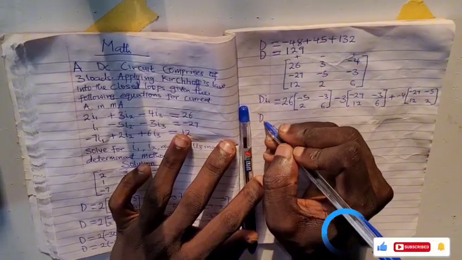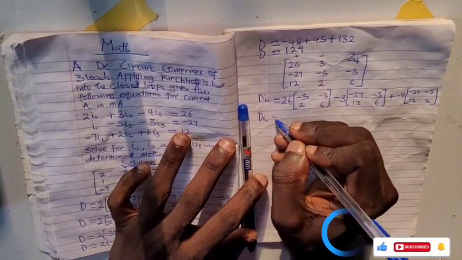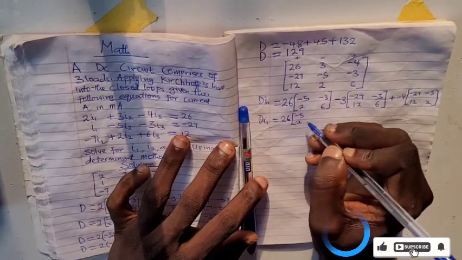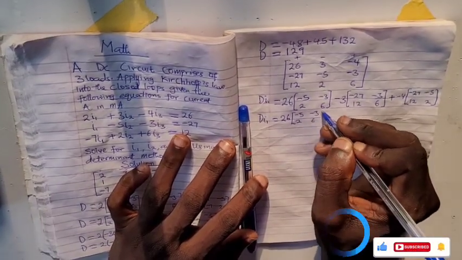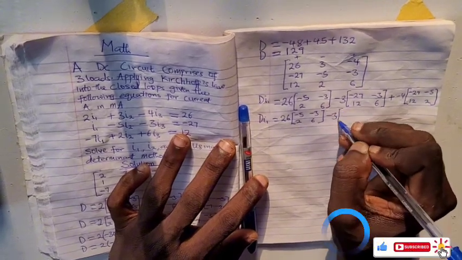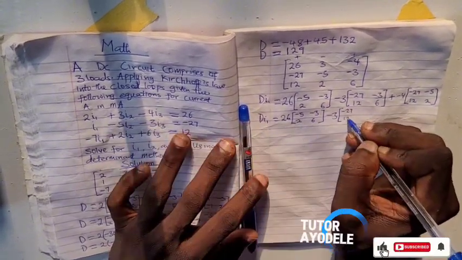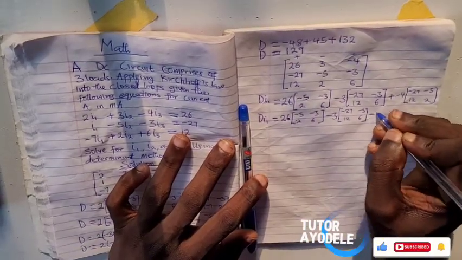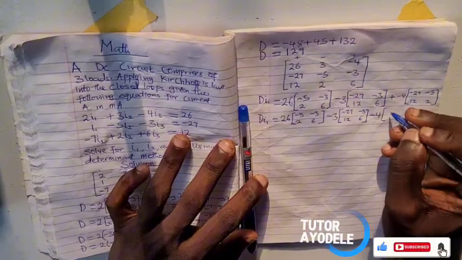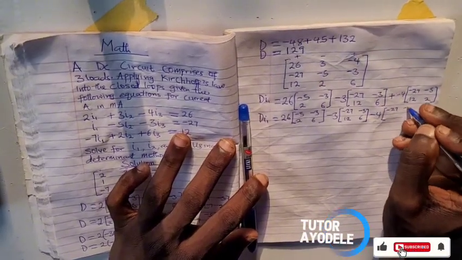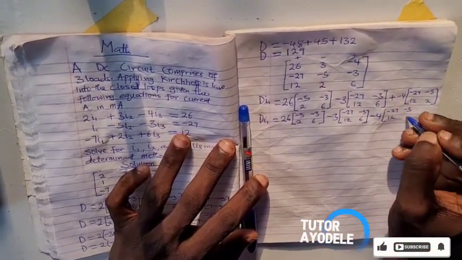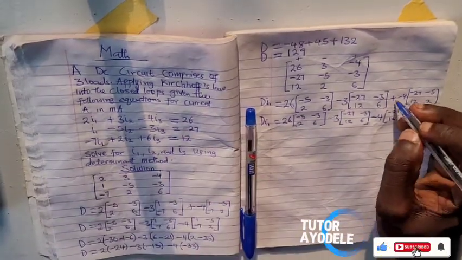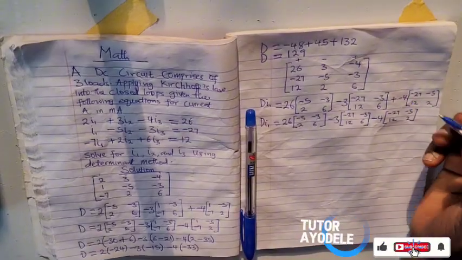So let's just write the determinant of I1 equals 26, minus 5 2 minus 3 6, minus 3 minus 27 12 minus 3 6, minus 4 into bracket minus 27 minus 5 12. Okay, so these are changed to minus, because plus times minus will be minus.